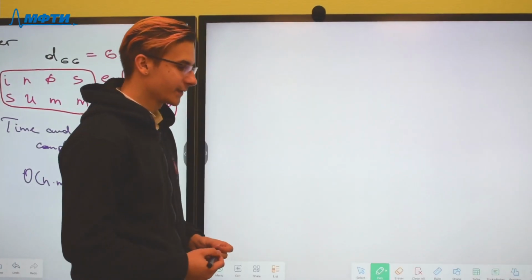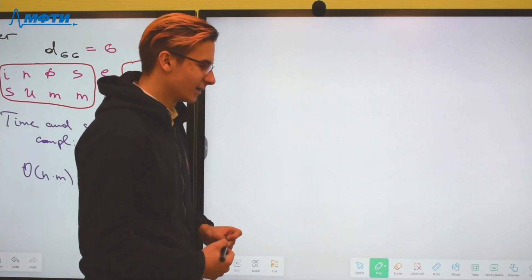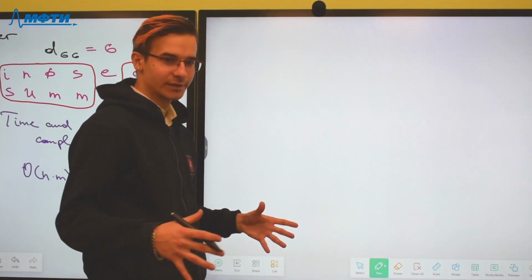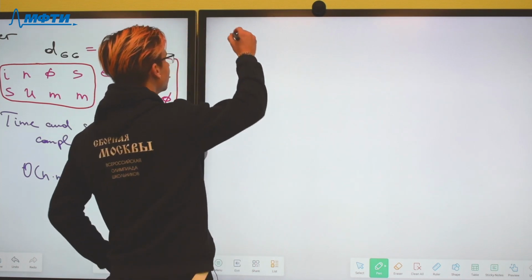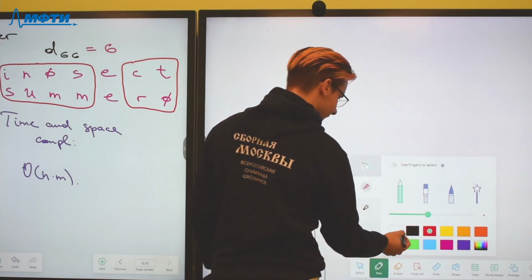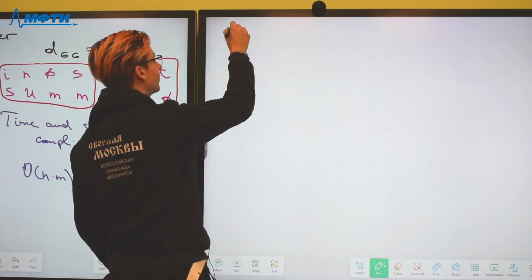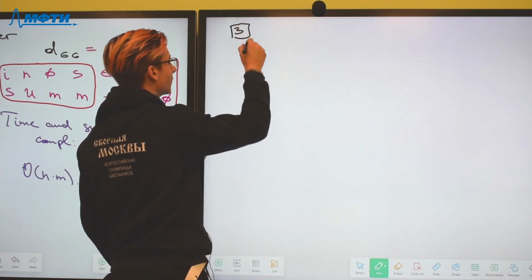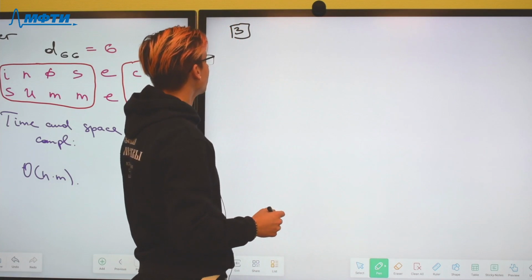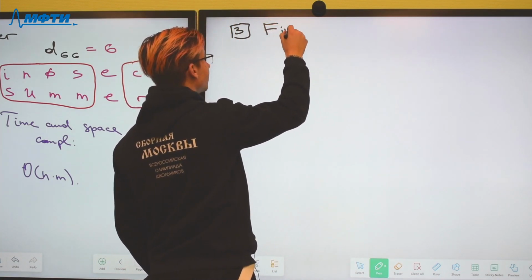It was the second task about edit distance, and we see that in some tasks we can find two-dimensional dynamic programming.